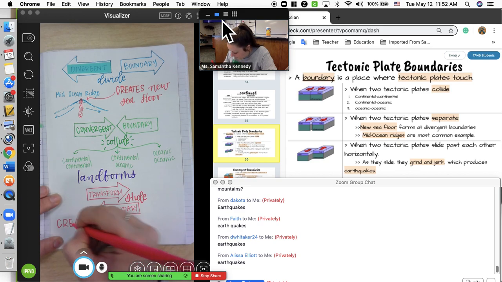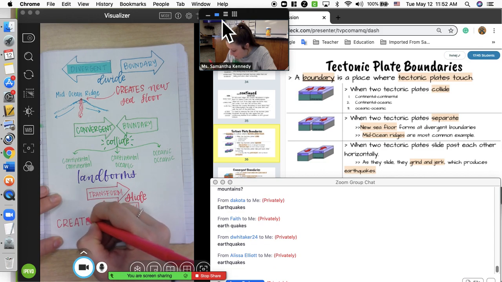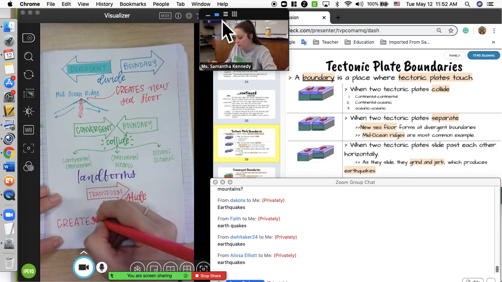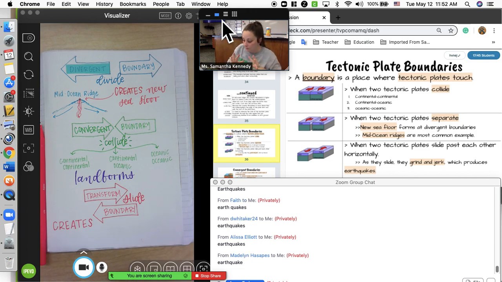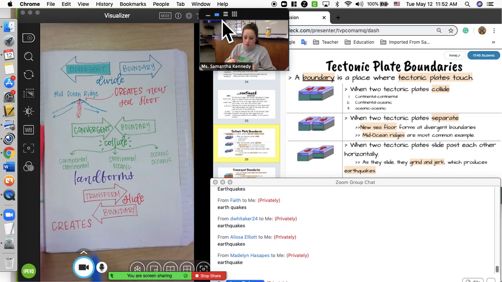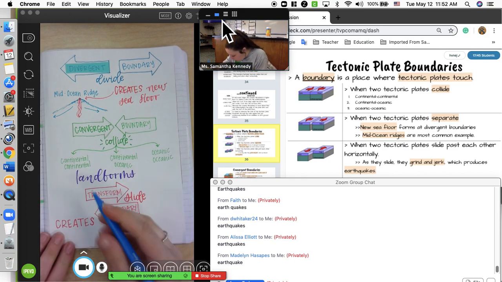As they slide past each other, sometimes getting stuck and then snapping. What is the outcome of transform boundaries? When they slide past, they're almost getting stuck. Remember the friction we talked about when there's a lot of pressure? What's it going to create? Very good. It's going to create earthquakes.